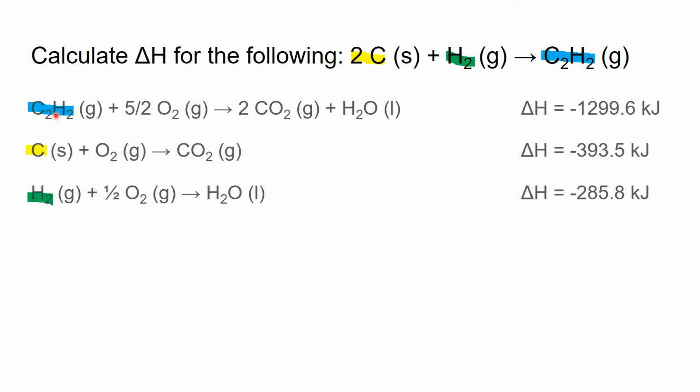That means we're going to have to flip this first equation. Remember, when I flip the equation, I need to flip the sign of delta H. So delta H now becomes positive.